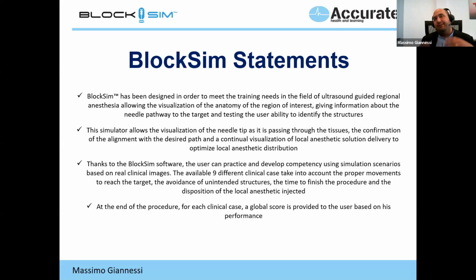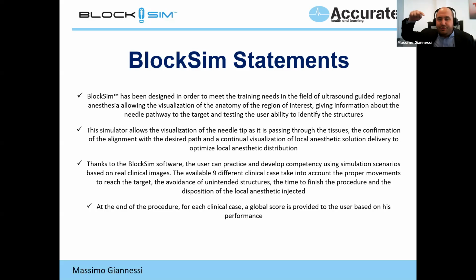In this kind of training, not only is hitting the point with the needle important, but it's also important for the user to understand the anatomy: where is the needle puncturing? What are these layers? BlockSim is able to visualize real patient data and so gives you this feature too.